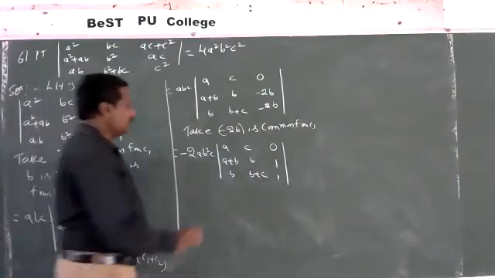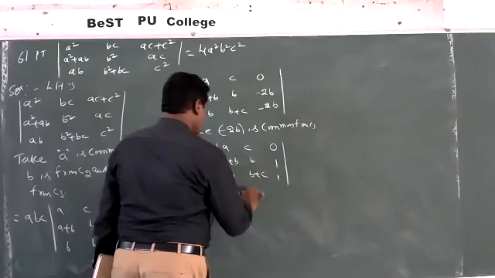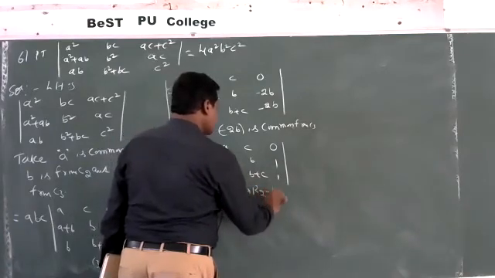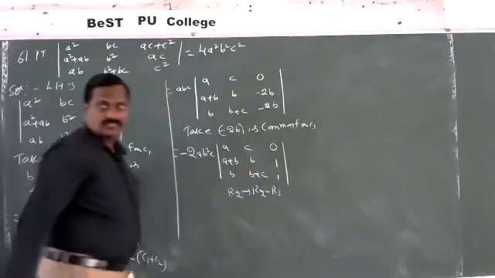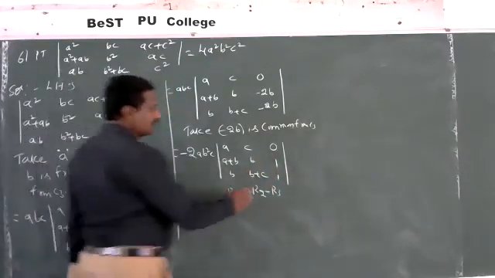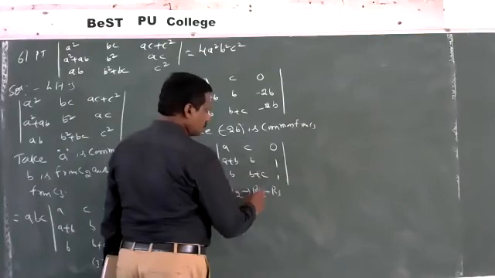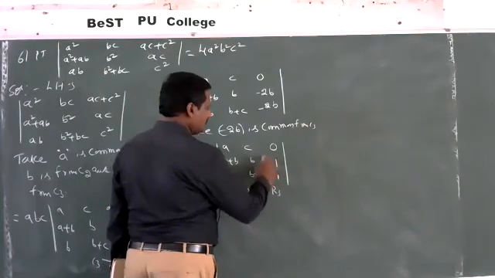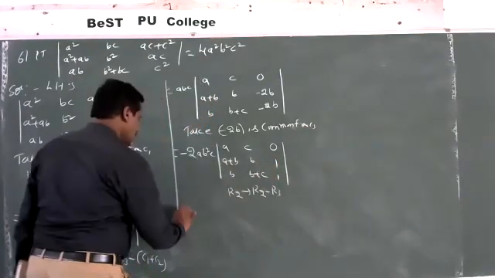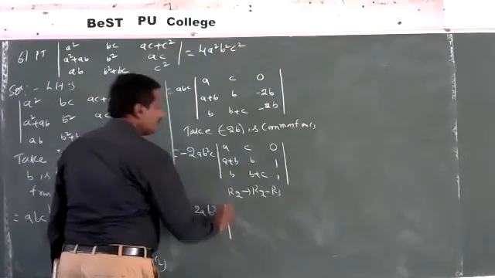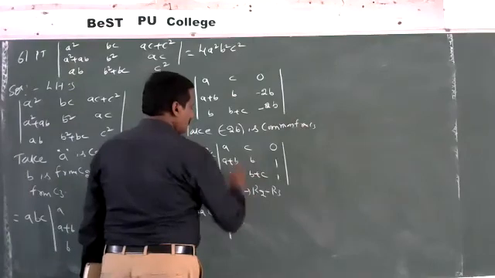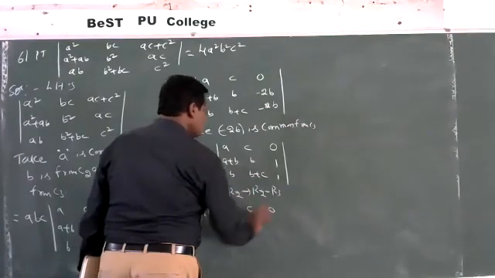Now apply R2 goes to R2 minus R3, because 1 minus 1, this element becomes 0. It is minus 2a b square c. Here R1 we write down as it is, A, C, 0.